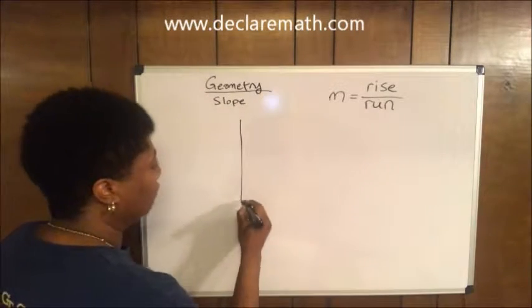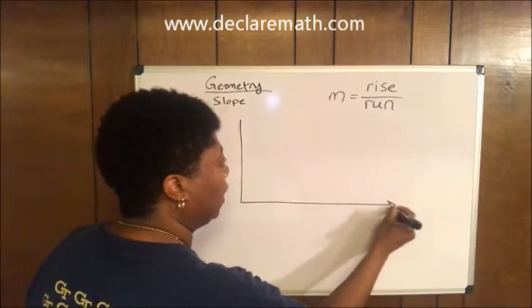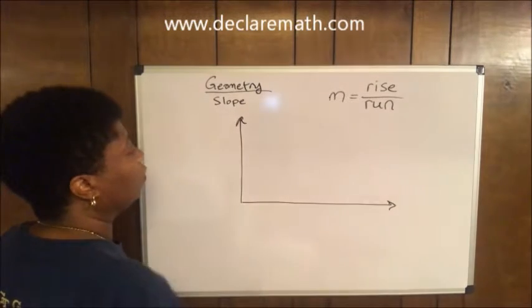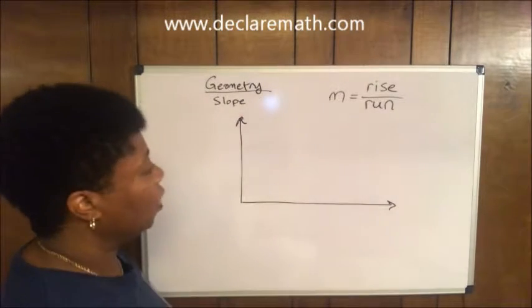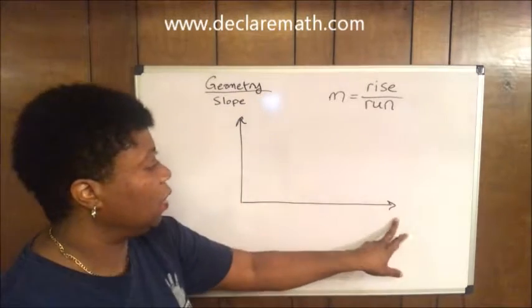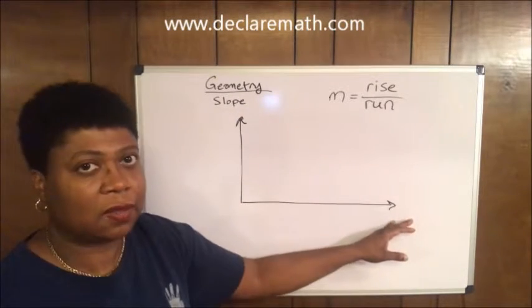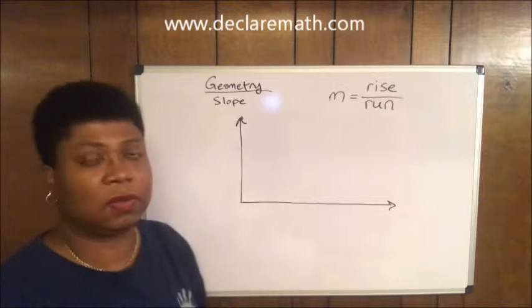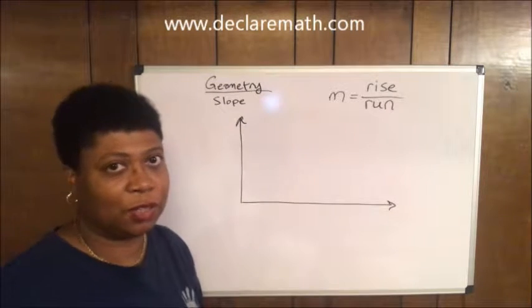So let's back up and see it physically. Let's draw a graph, where this is usually your x-axis, and this is usually your y-axis. But I want to do something a little different.